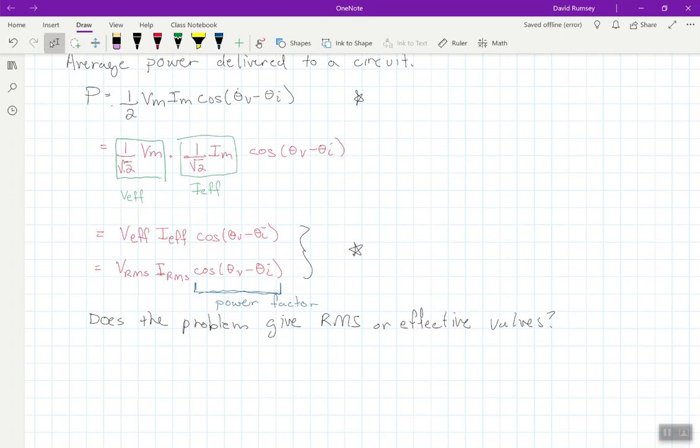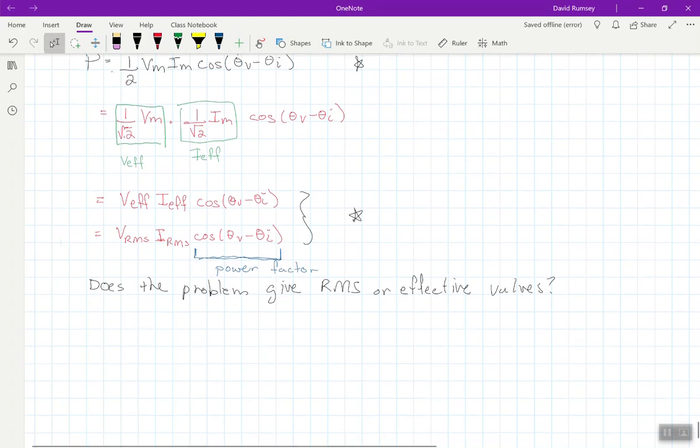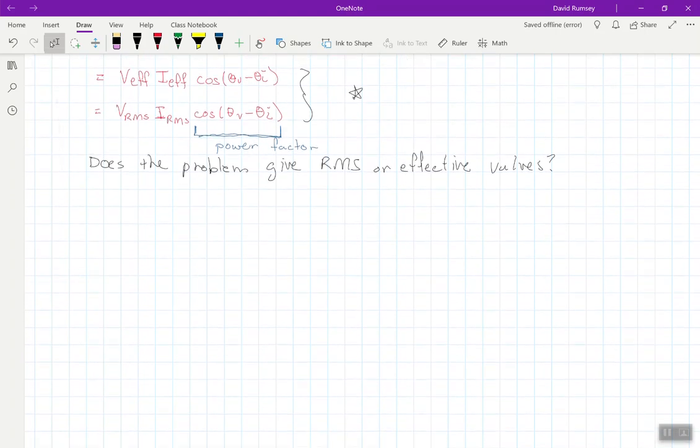Now, we want to come up with ways to compute this here. Well, let's look at a pretty quick, easy example here. So let's just say the voltage is equal to 3 cosine of omega t plus 30 degrees volts.